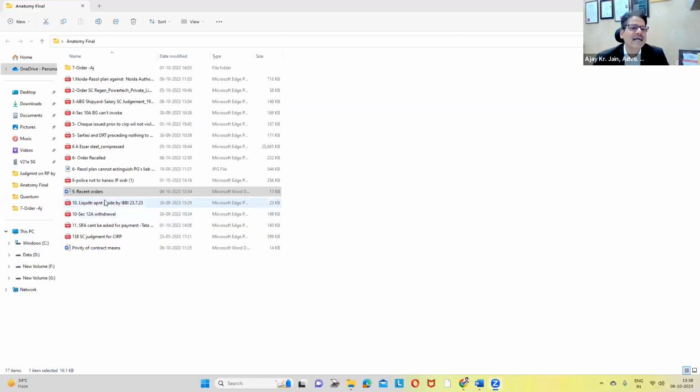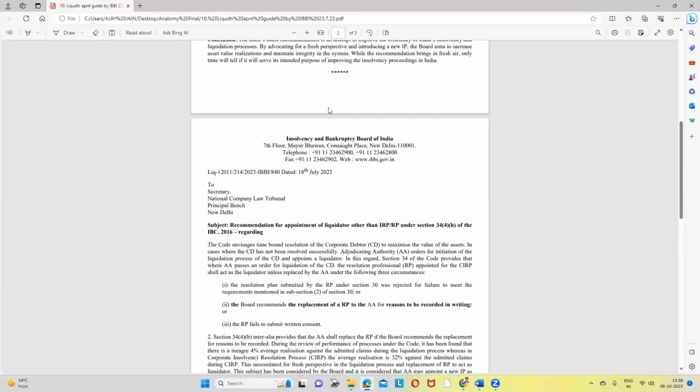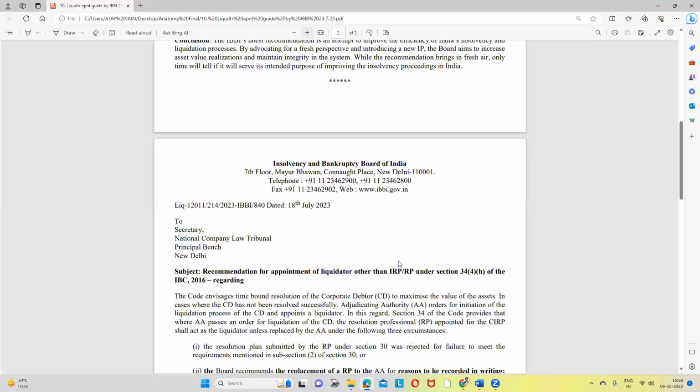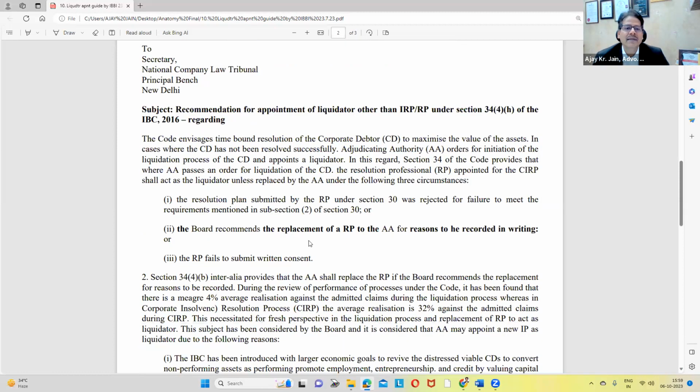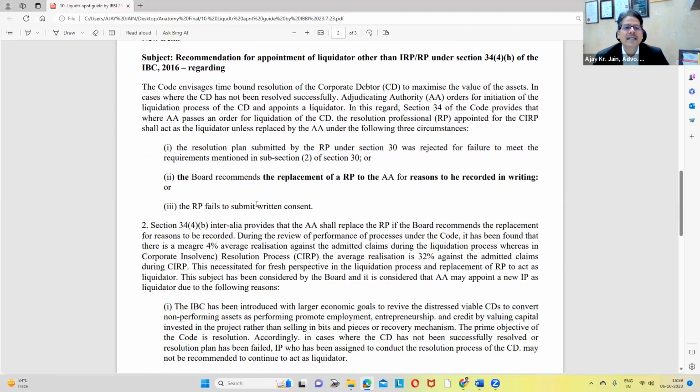I'll share the letter. Sir, this is merely advisory in nature, and they are referring to their powers. The 18th July letter issued by IBBI to all adjudicating authorities is a recommendation for appointment of a liquidator other than the IRP.